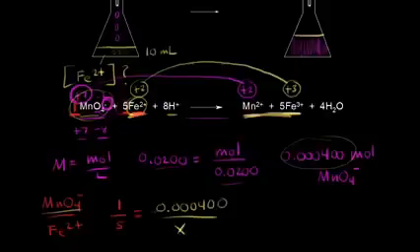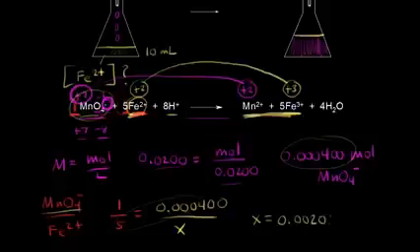So we could cross multiply here to solve for X. So 5 times 0.0004 is equal to 0.002. So X is equal to 0.002. And X represents the moles of iron 2+ that we originally had present.